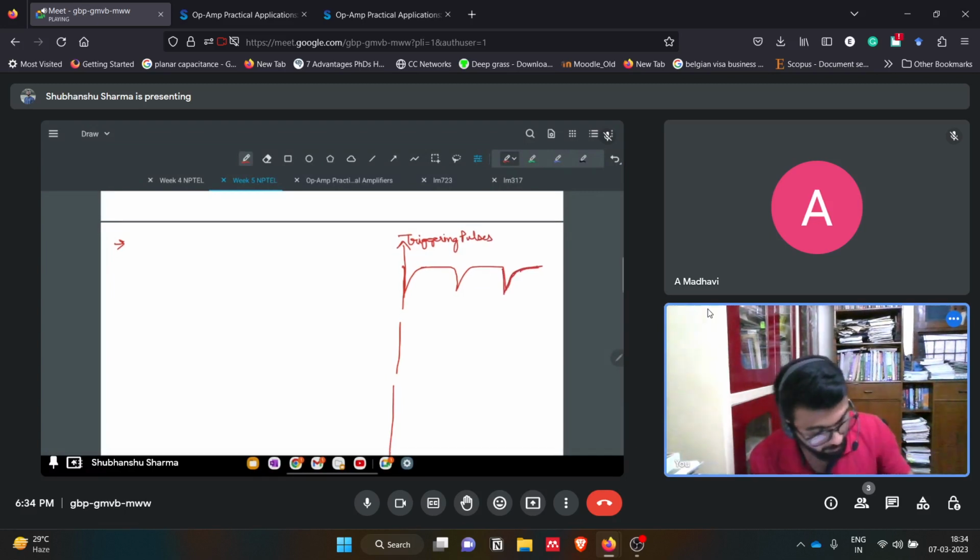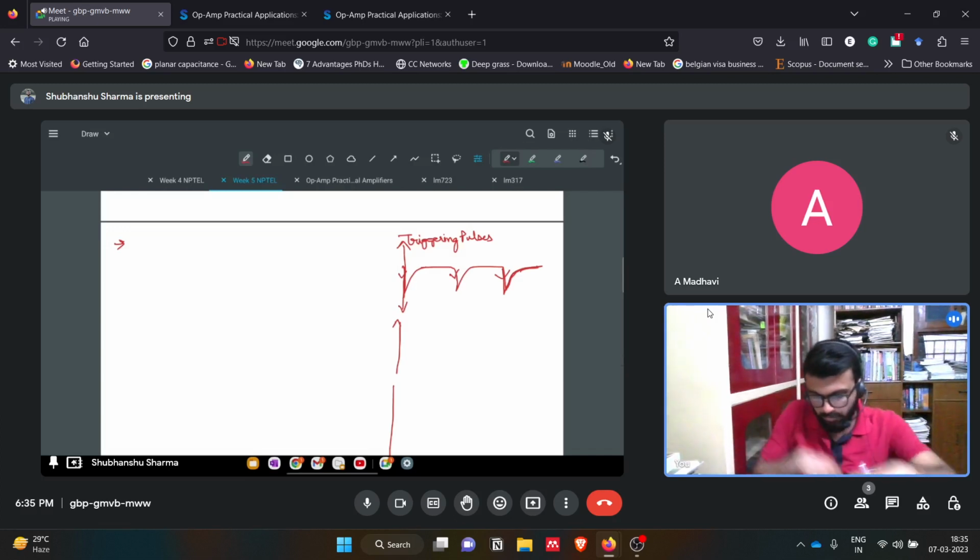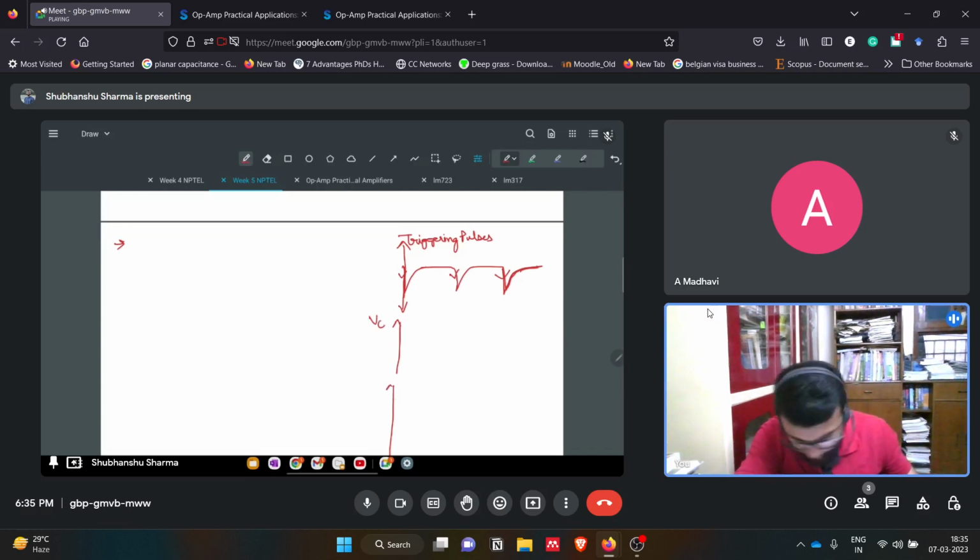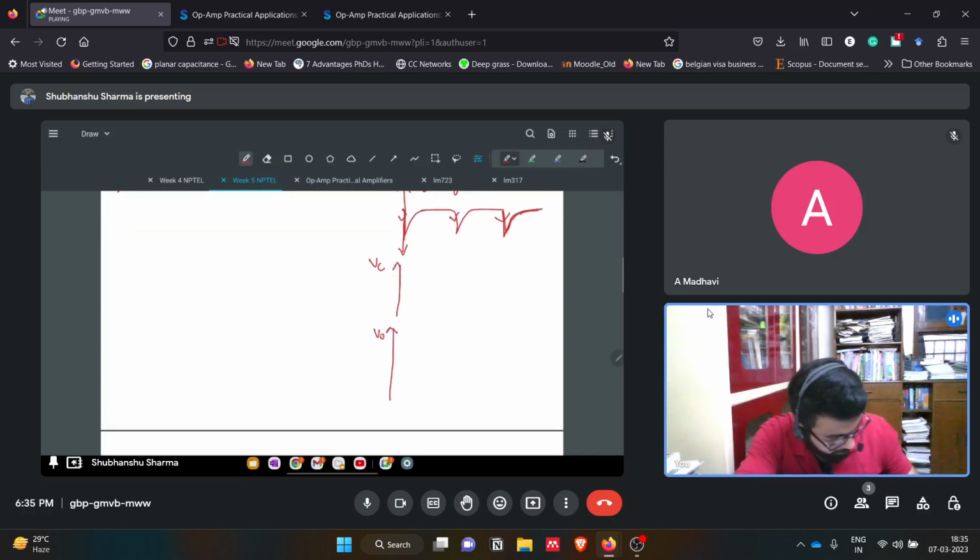Since this is negative triggering, we will see some changes when the trigger is at negative, which is when it is transitioning from high to low. Okay, and then we have the capacitor voltage and we have the op amp voltage.